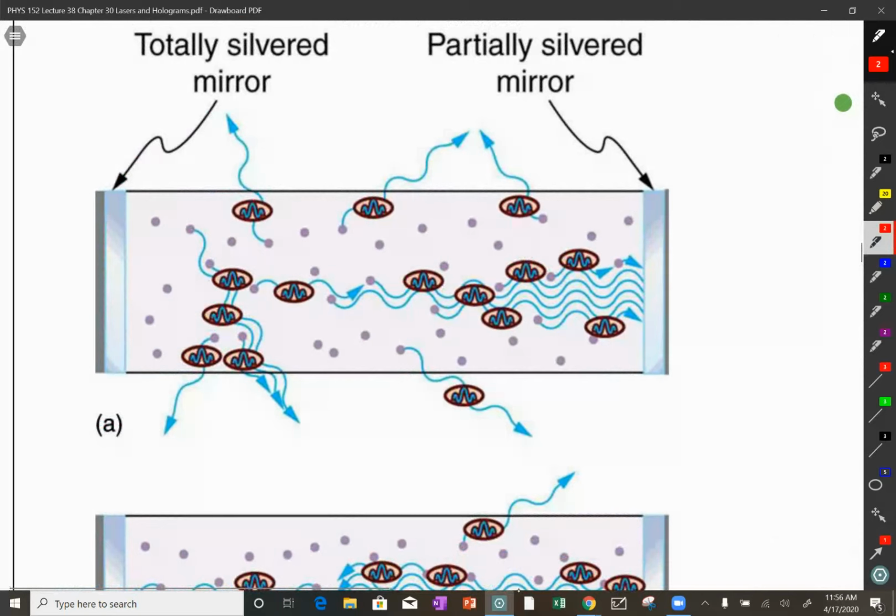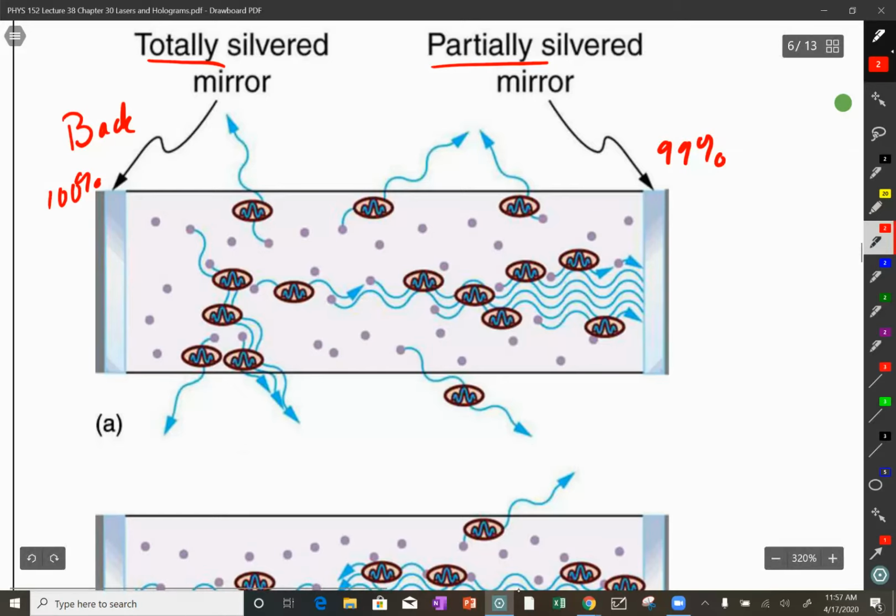So here's the back of the laser. You have a totally silvered mirror. That means it's 100% reflecting. And up here you have a partially, so that's like 99% reflecting. And we have all of these atoms here, and spontaneously the atoms will decay.